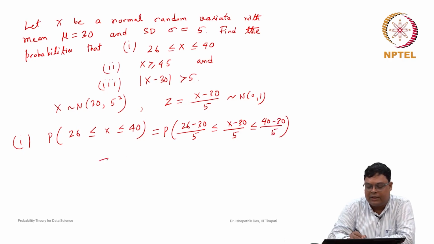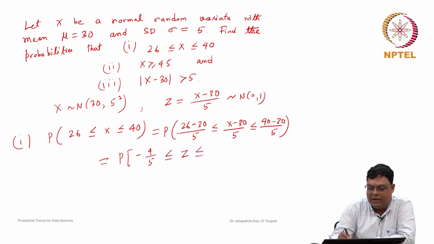Since (x minus 30) by 5 is the z random variable, this is the probability that minus 4 by 5, I hope it is correct, is less than or equal to z less than or equal to 10 by 5, which is 2. So, this is the probability that minus 0.8 is less than or equal to z less than or equal to 2.